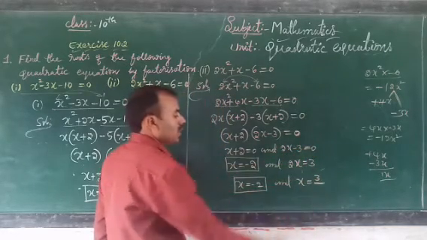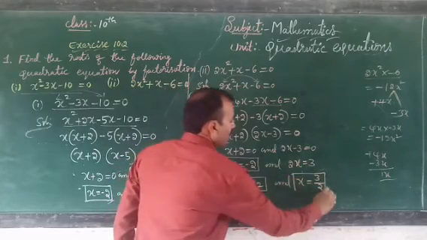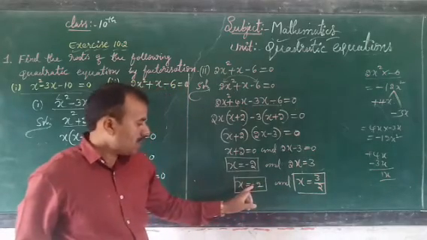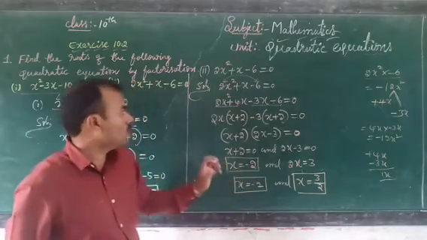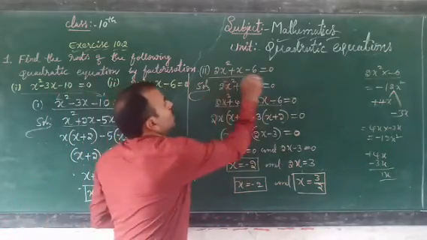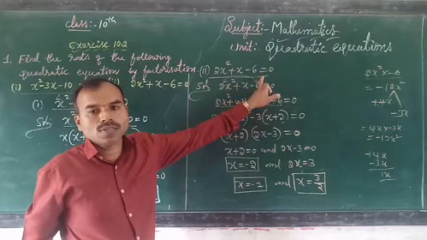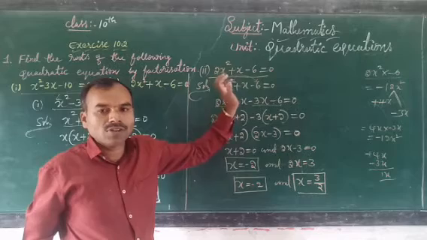Transpose 2 to the RHS, it is written in the denominator. x equals 3 by 2. Minus 2 and 3 by 2 are the roots of the equation 2x square plus x minus 6 equals 0. This is the perfect quadratic equation.